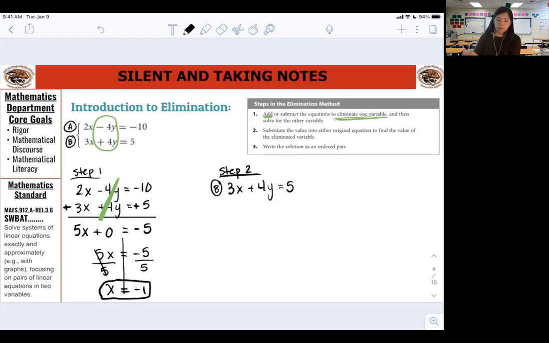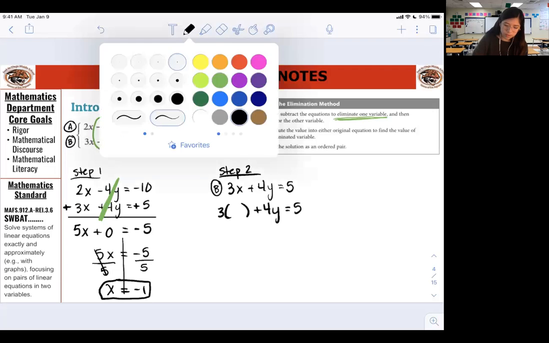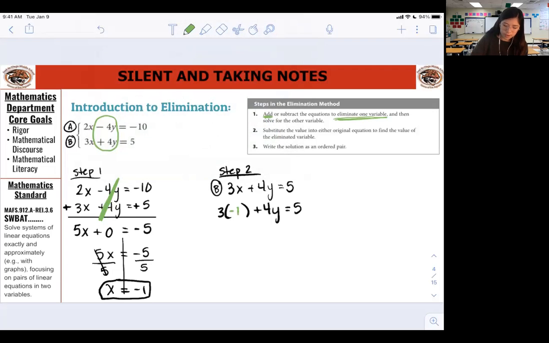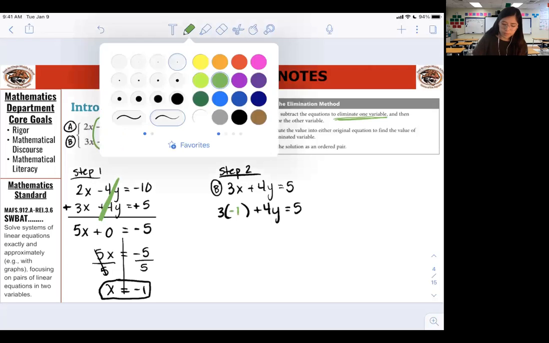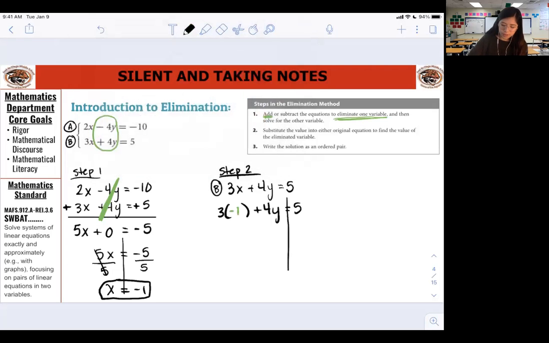Alrighty, so all we needed to do was plug in a -1 for x. So here's my -1, and then we solve for y. So 3 times -1, -3. -3 plus 4y equals 5.